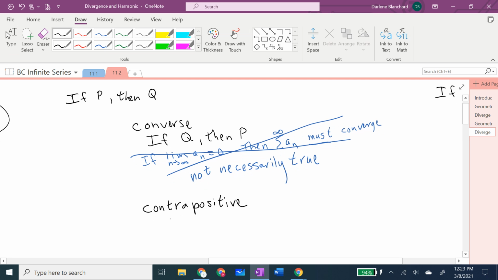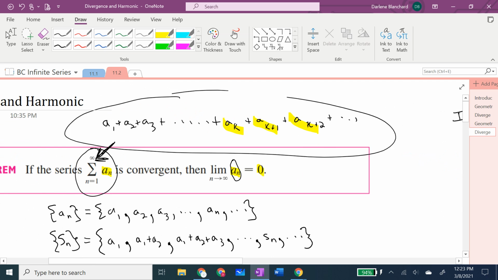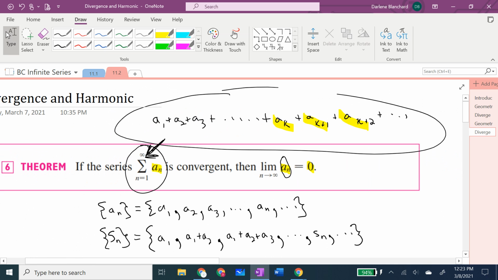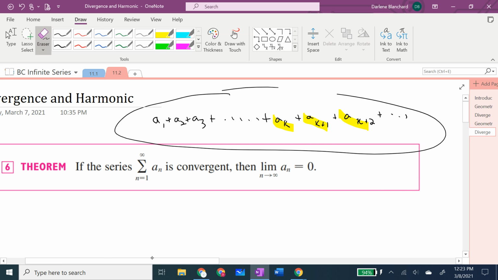So the contrapositive is: if not Q, then not P. Let's take a quick look at this statement. What is the contrapositive of this statement? I want you to think about that.